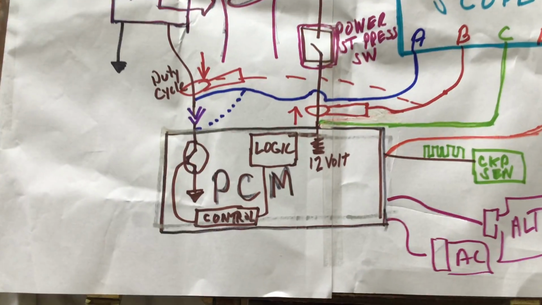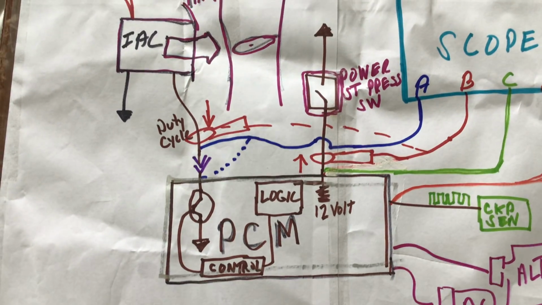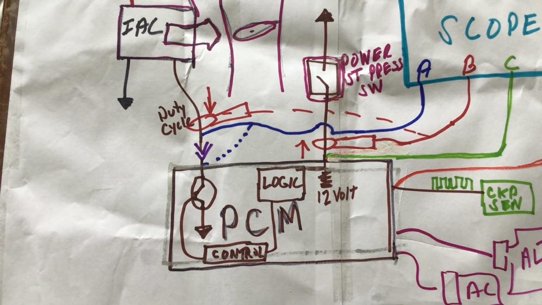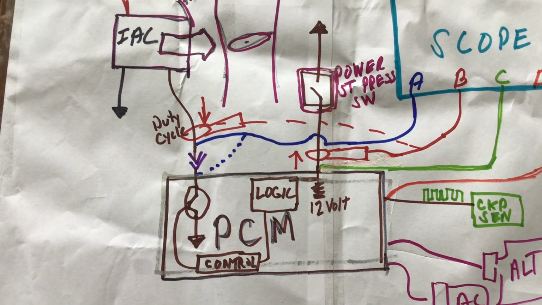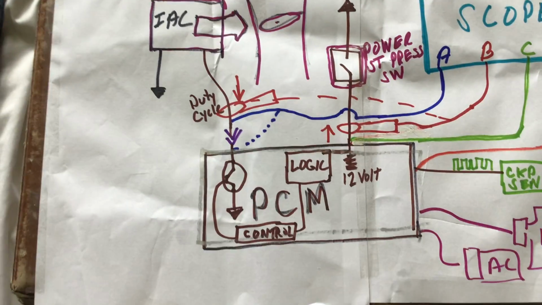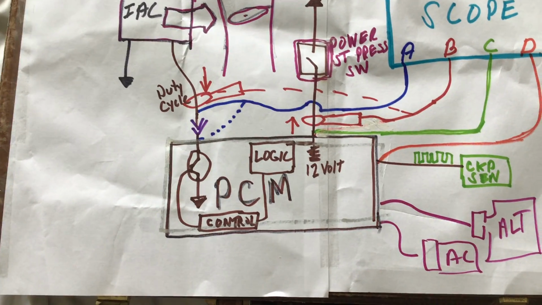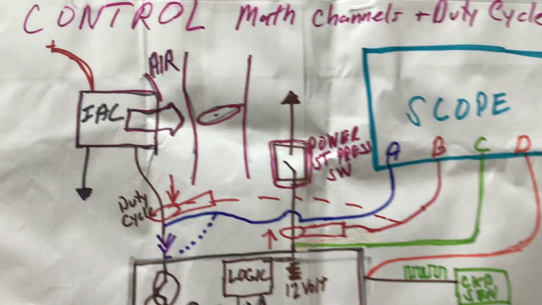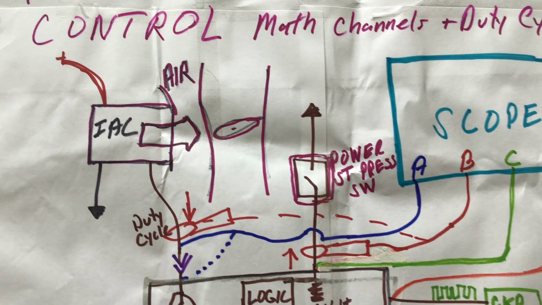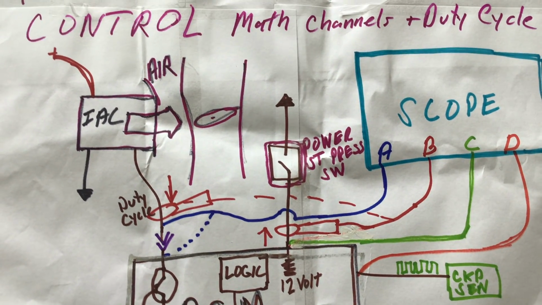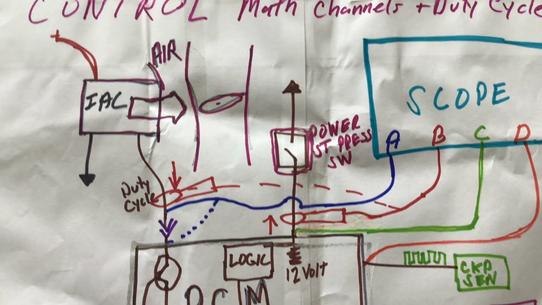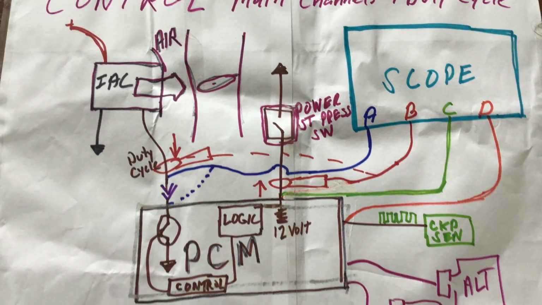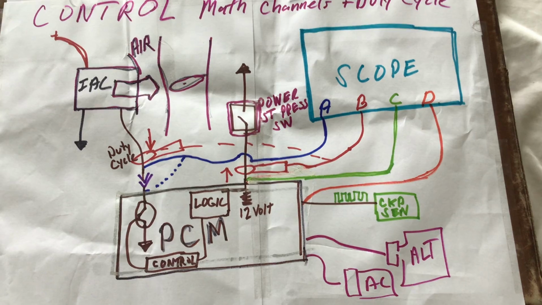So basically, internal to the PCM, you see a driver that controls the ground of the IAC valve, and the current flows through the solenoid, and it will duty cycle. Changing the duty cycle will change how much that IAC is open, and hence how much air flows around the throttle plate and gives the engine more airflow, hence more speed.